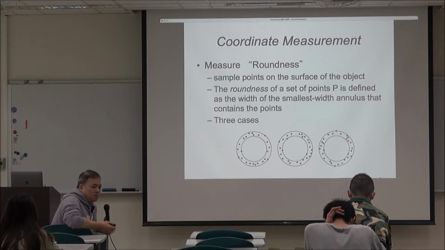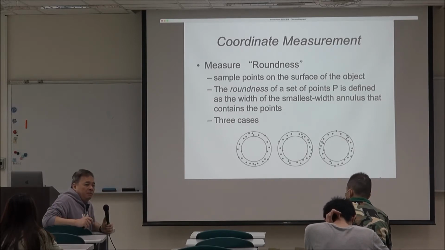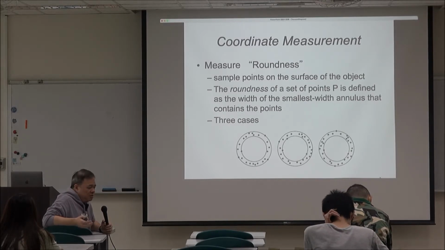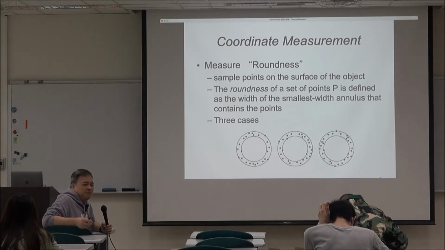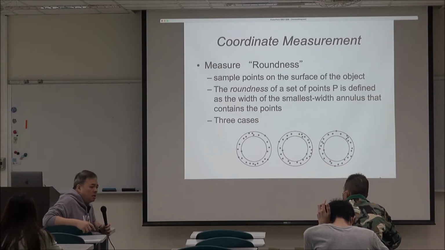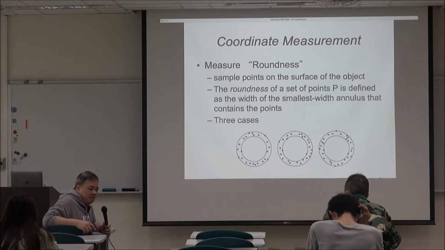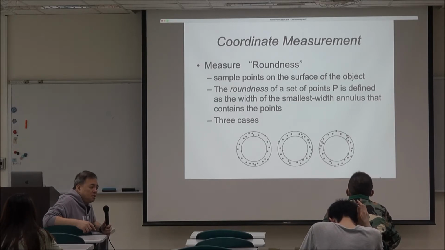But the issue is, when you buy a ring or a round shaped object from a company, how do you know if the product they create is good enough? How do you measure it?